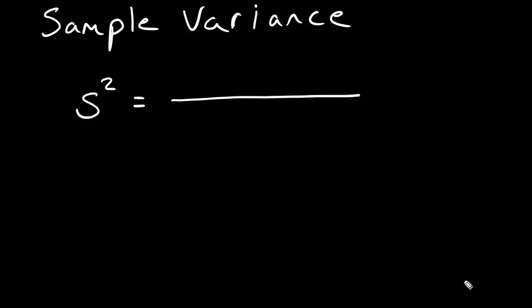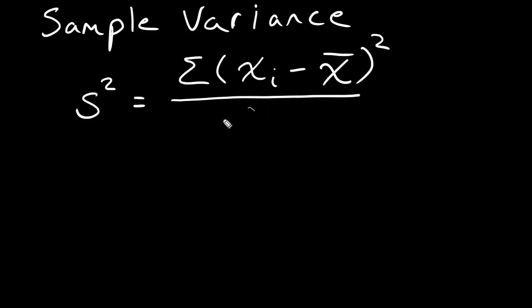There's a small but important reason why they are different, and it is important to know that difference and identify when you should use the sample variance versus the population variance.